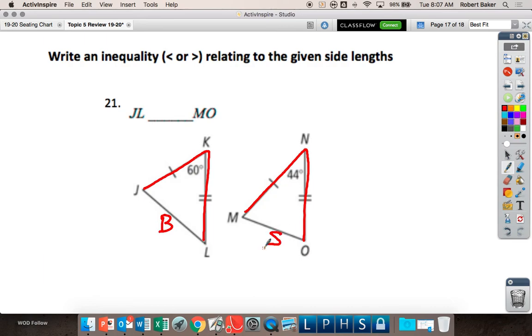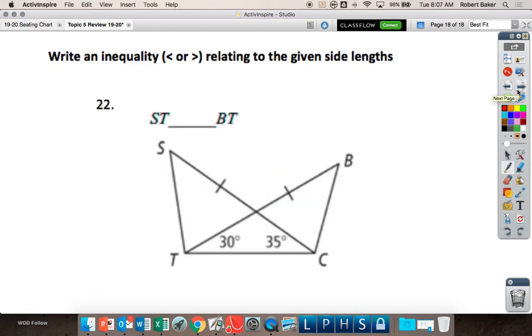So when you list it, it says JL is bigger than MO. And you just say the gator eats the bigger number. Same thing here. We have this side, and we have this triangle with these two angles.